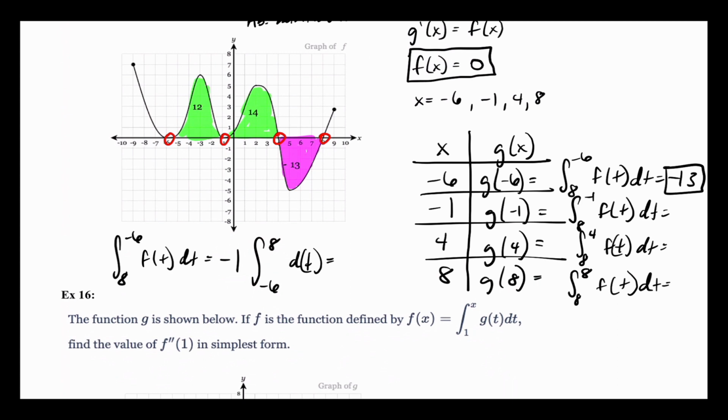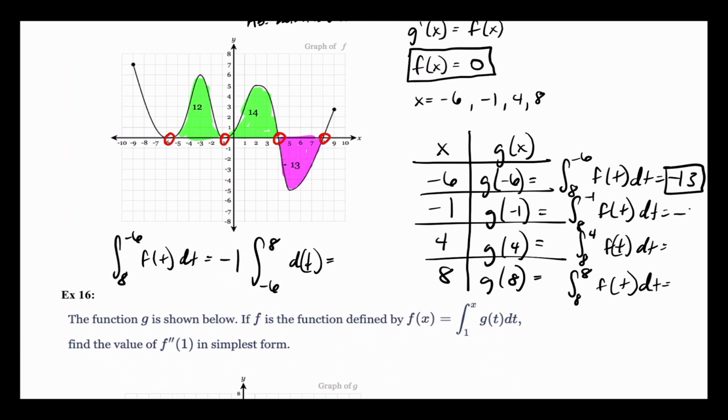The next one's the same thing, except now it's from 8 to negative 1. Well, 8 to negative 1, you have to flip those again. So it's really from negative 1 to 8. So from negative 1 to 8, you have 14 plus negative 13, which is 1.